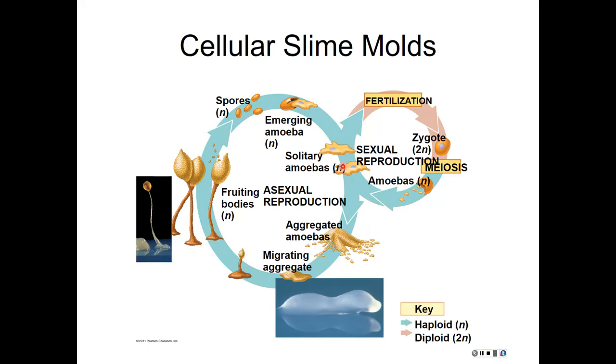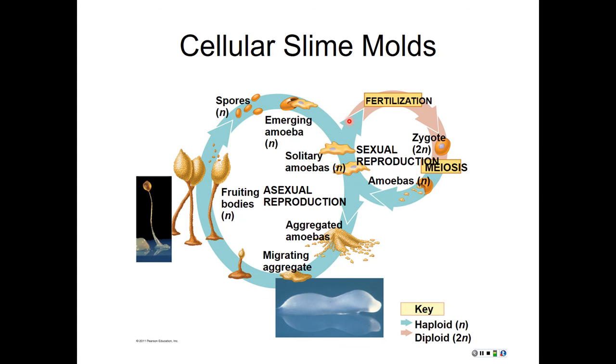So these solitary amoebas are oftentimes haploid, and they form their aggregate, they migrate around, and they can create a fruiting structure, and we can just package haploid cells into a casing and make it a spore. So it can disperse out into its environment, and a haploid amoeba will emerge. And this haploid amoeba is perfectly capable of just continuing the cycle and existing as just a haploid individual.